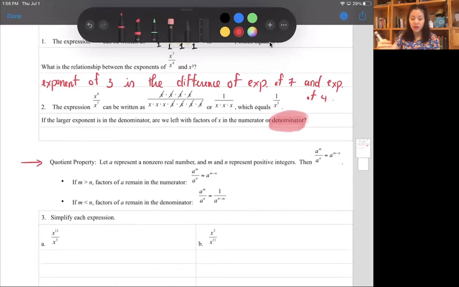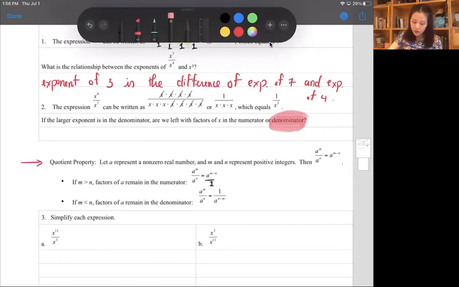So if the degree of the numerator is bigger than the degree of the denominator, then the factors of a remain in the numerator. This is over 1, but when you write a quotient with something over 1, usually we don't write it. We just write that number.